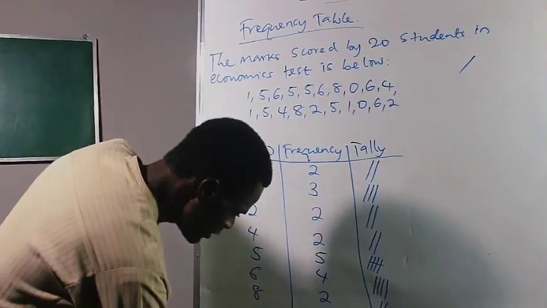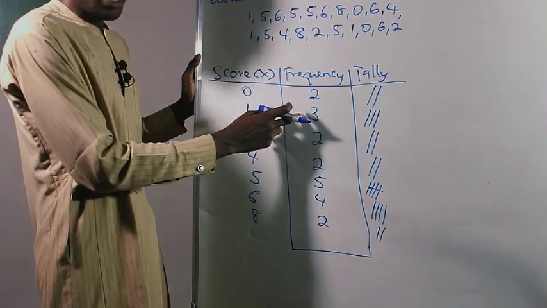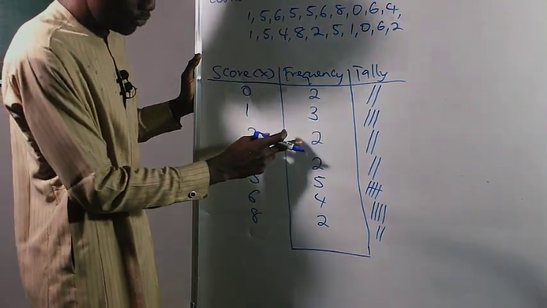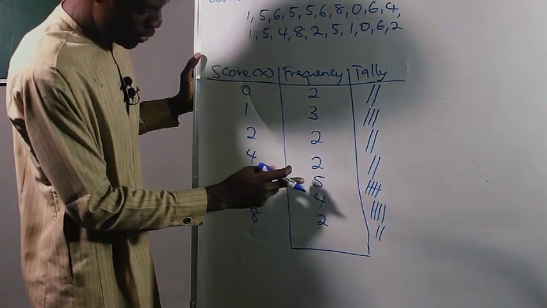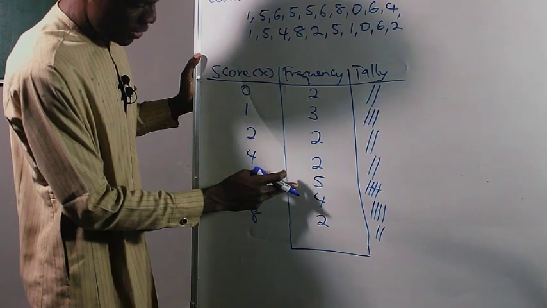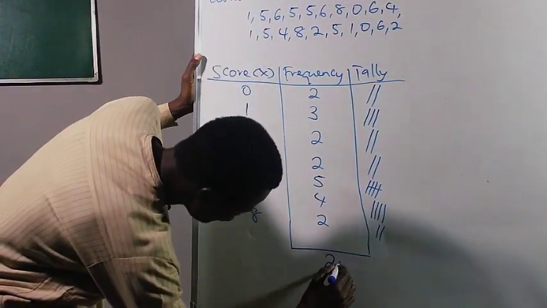So we now take the summation of the frequency. 2 plus 3, 5. 5 plus 2, 7. 7 plus 2, 9. 9 plus 5, 14. 14 plus 4, 18. 18 plus 2 is 20.